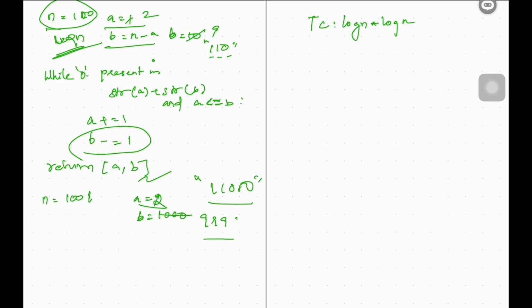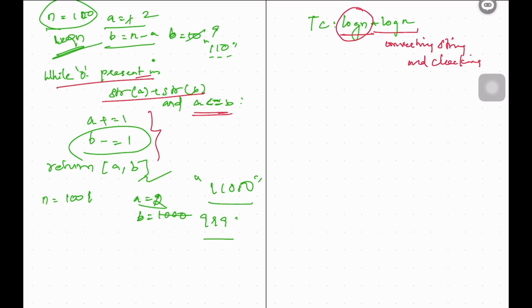This log n is for converting to string and checking zeros, and this is for finding a and b. To the max we will be going while a is less than or equal to b, which will be half of n. For each a and b we convert to string and check whether zero is present. So worst case it could be n times log n, and space complexity is order of 2, which is nothing but order of 1.